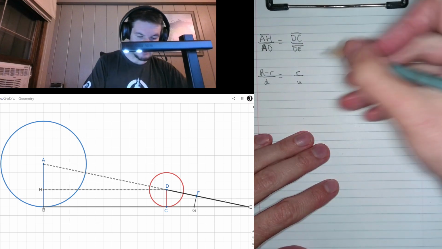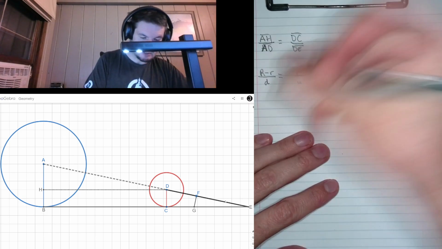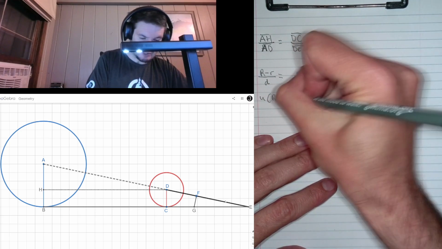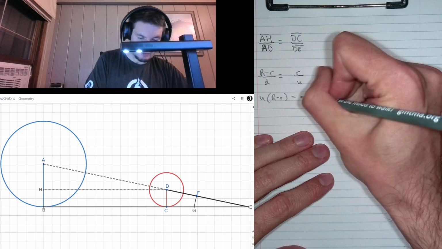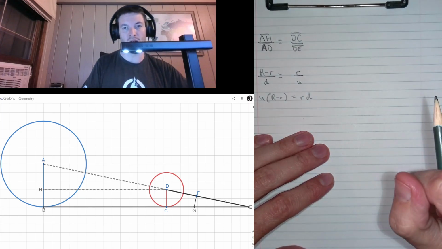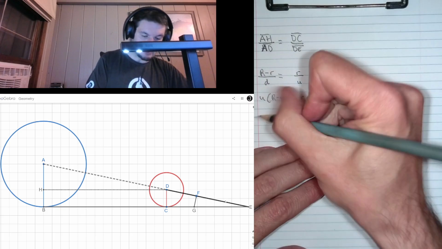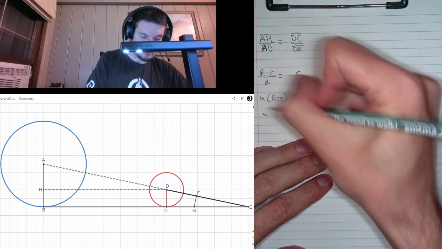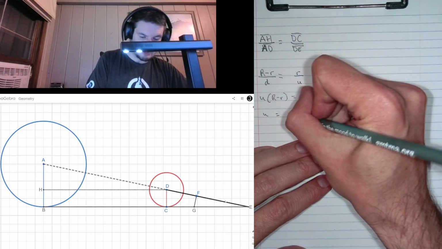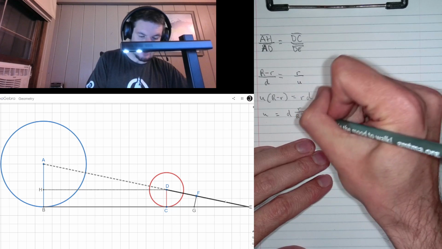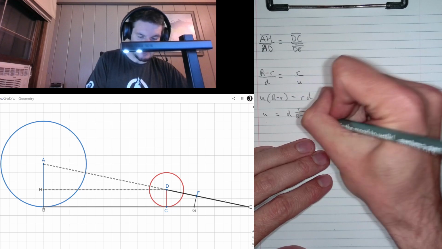We can cross multiply, and we get U times the difference of the radii equals the smaller radius times the distance between the two bodies. And we divide both sides by the difference of the radii, and we get U equals d times small r over big R minus little r.